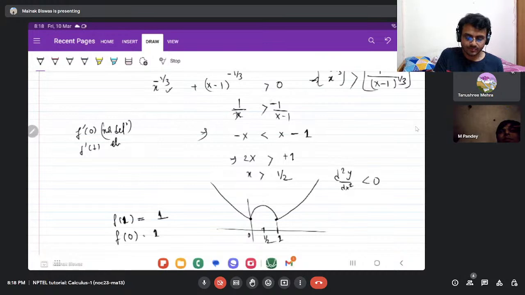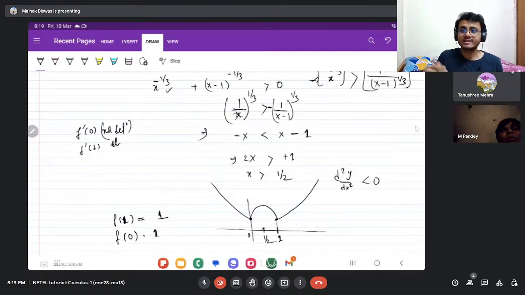So this is minus of 1 by 3, this is 1 by 3. If x is greater than 1, this will hold true.